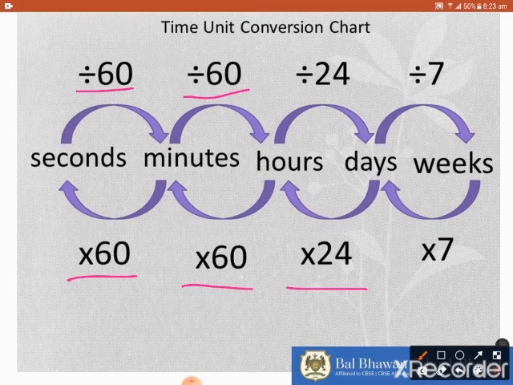But if you have to convert hours into days, you will divide by 24. If you have to convert weeks into days, you will multiply by 7 because one week has 7 days. But if you have to convert days into weeks, you will divide by 7 since day is a smaller unit as compared to week. This is the basic conversion of time that we generally use in our daily life.